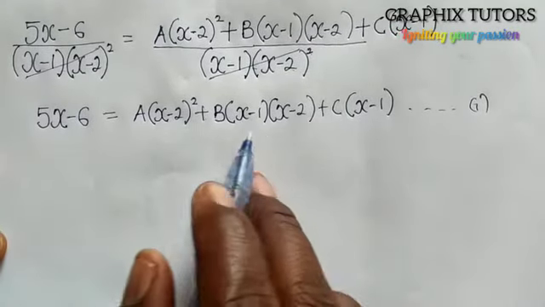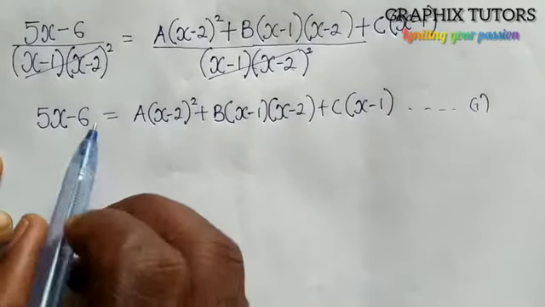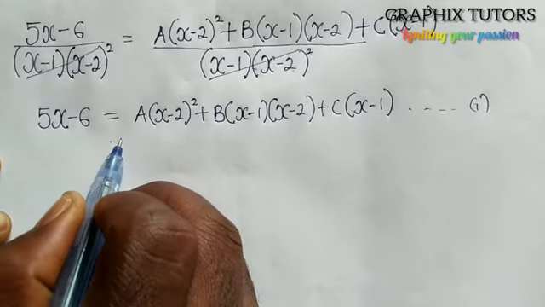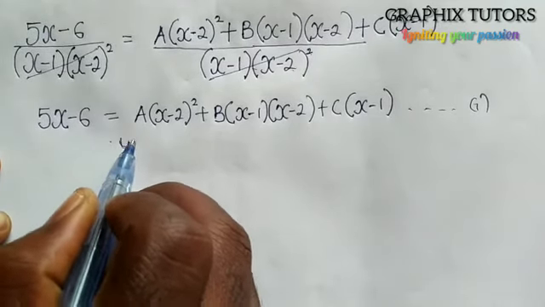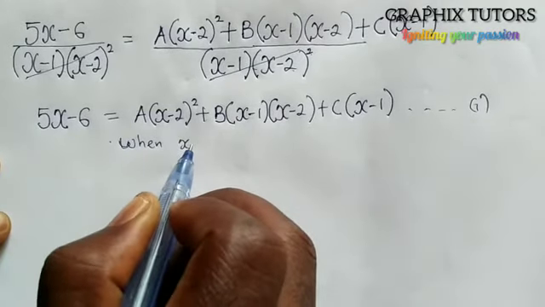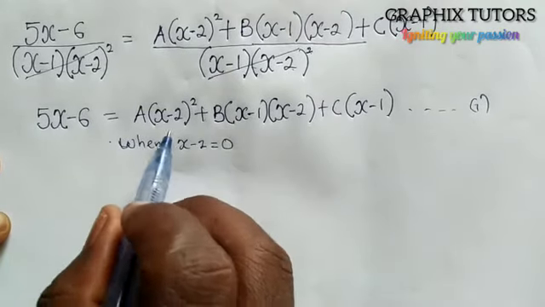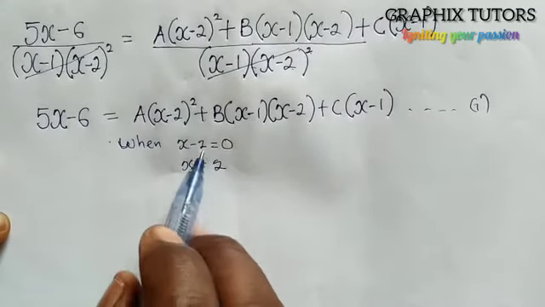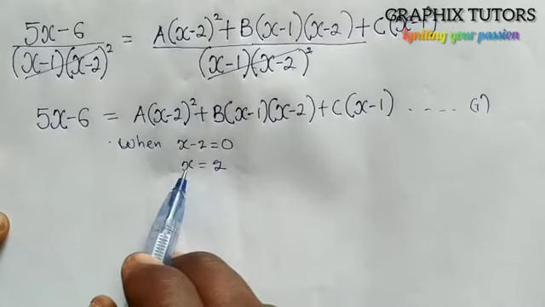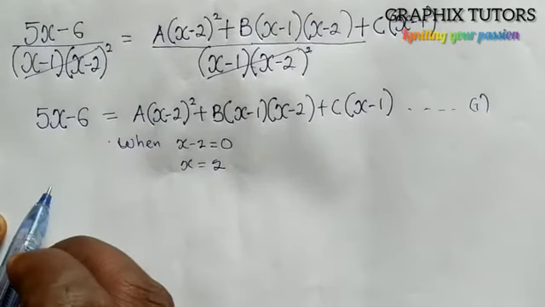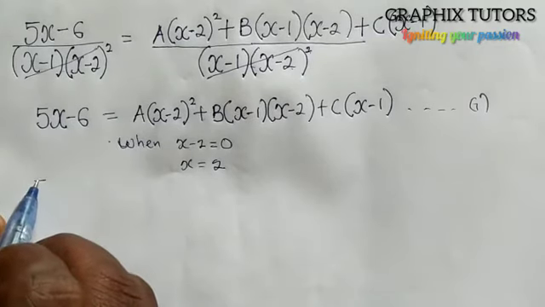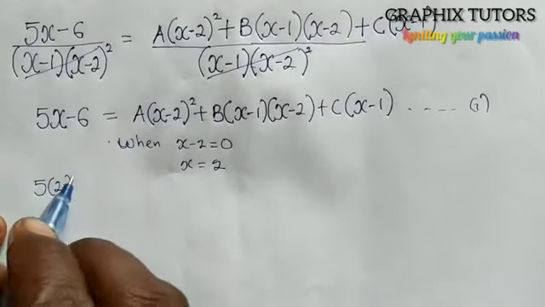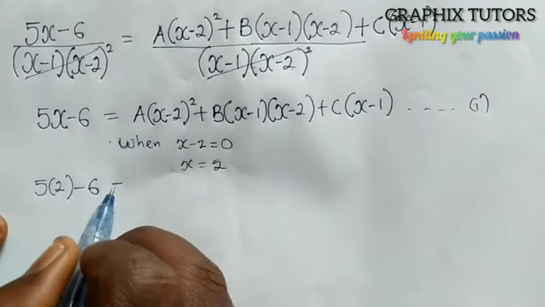So from here, I'll take the first one. I'll say, let's say when x minus 2 is equals to what? 0. I'm taking the first one here. X will now be equals to what? 2. So anywhere I see x, I'm going to put 2. So I have 5 into bracket, instead of putting x, I'm going to put 2 to represent the x, minus 6 equals to what?